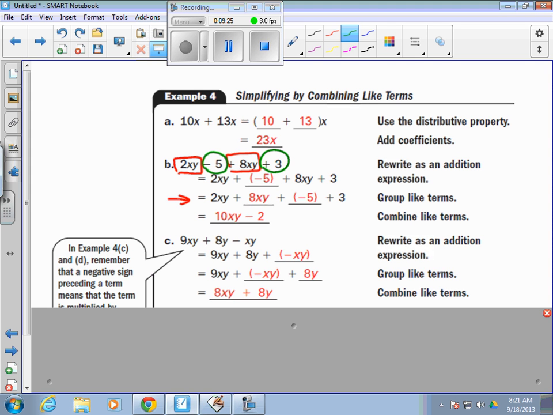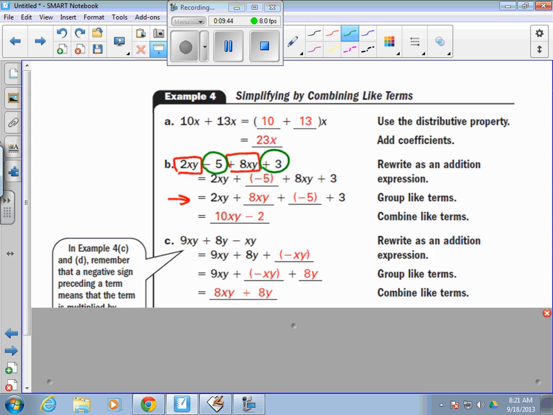C says 9xy plus 8y minus xy. Again, the exact same variable with the exact same coefficient. So we have 9xy plus 8y plus, just rewriting it as an addition.